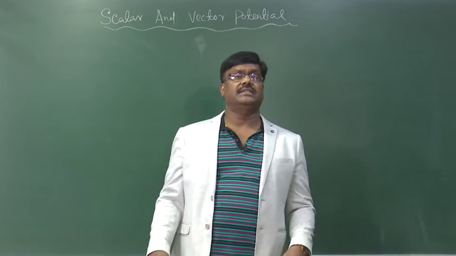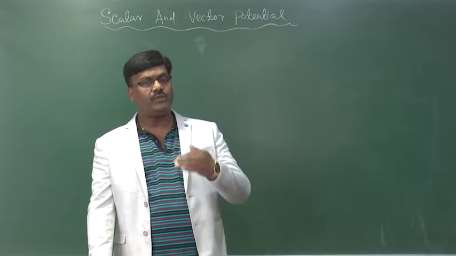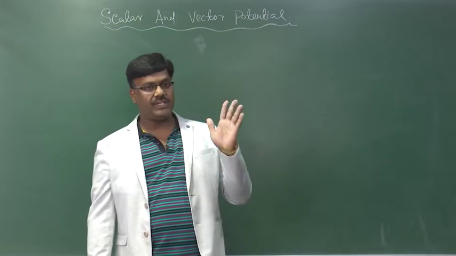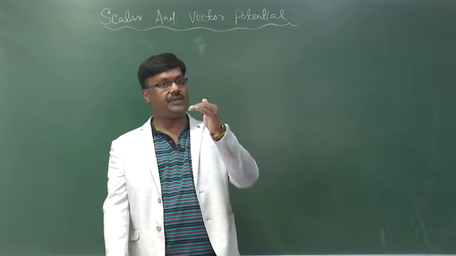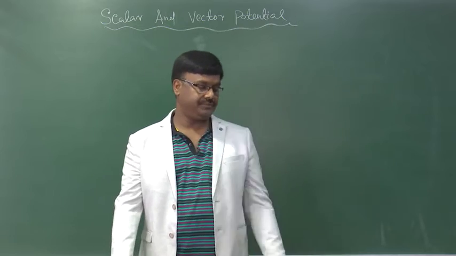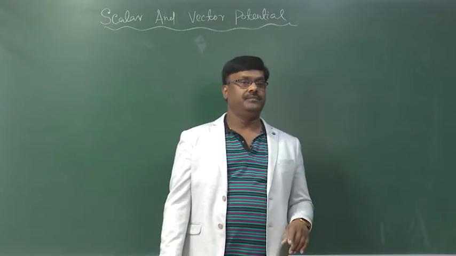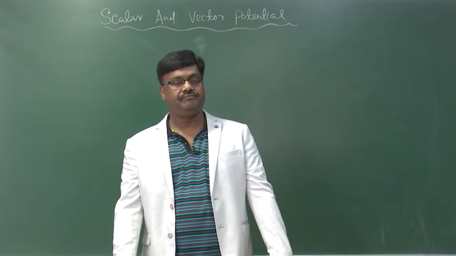What is the scalar potential and the vector potential? What we know from the properties of B is that the divergence of the vector field B is 0 and the curl of the vector field B is mu 0 times J.